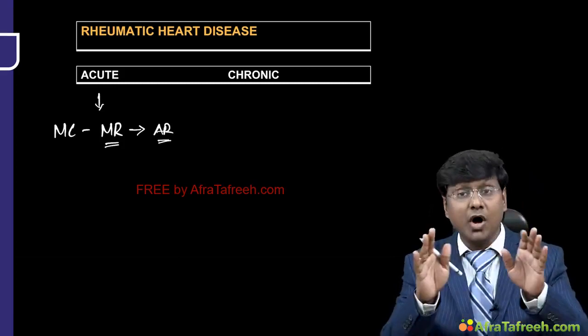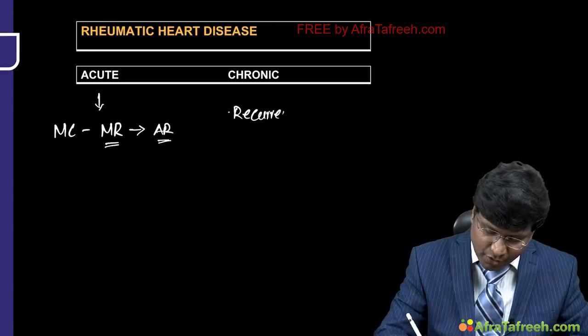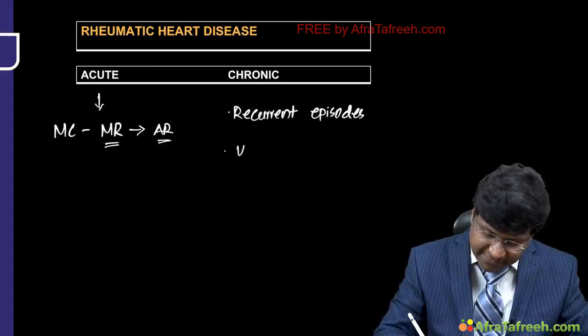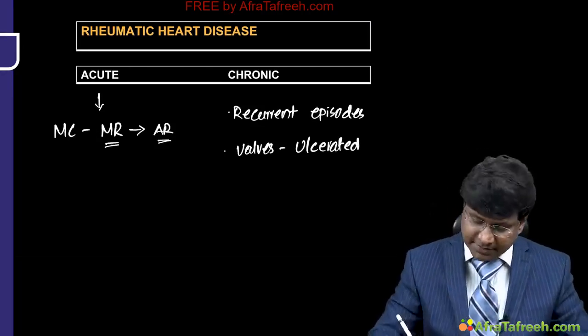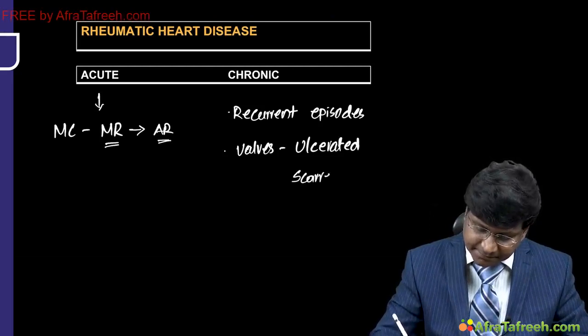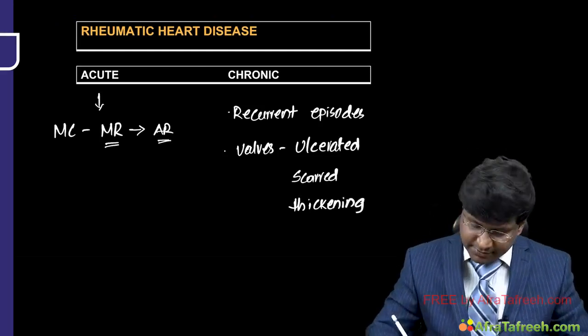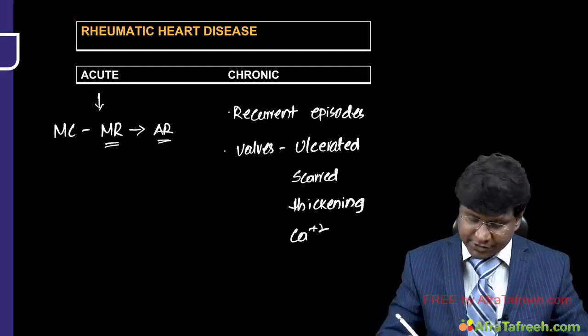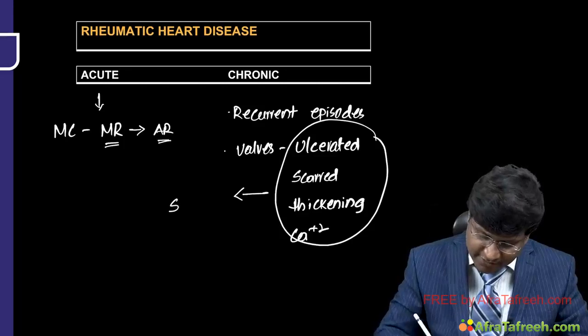But in chronic rheumatic heart disease, whenever there are recurrent episodes of rheumatic fever, what can happen to the valves? These valves get ulcerated, they get scarred, and there will be thickening and calcification, and all these will make the valve go into a state of stenosis.